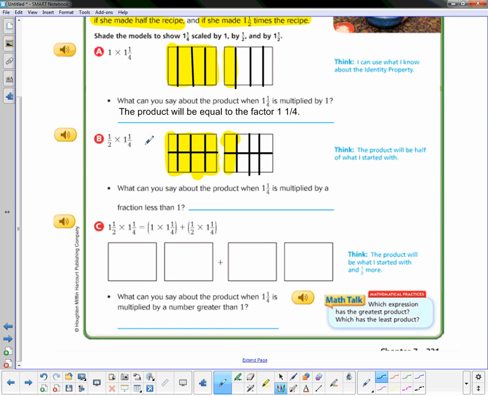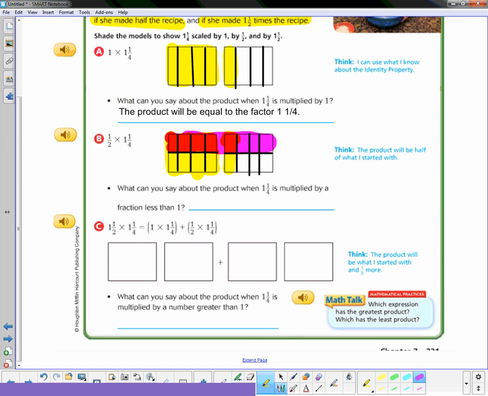So if we look here, we just cut it, and before we only highlighted going down, now we're going to highlight going across. I'm going to color in half. And where it overlaps, that is our answer.